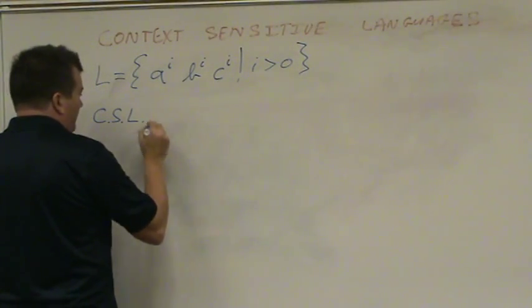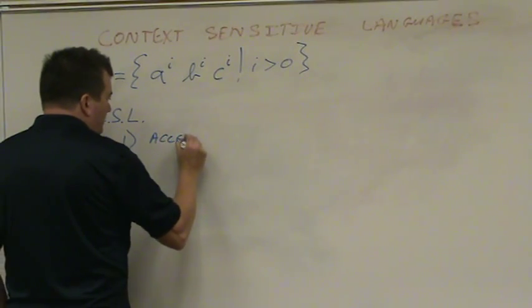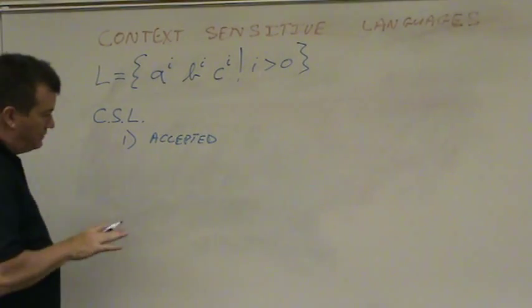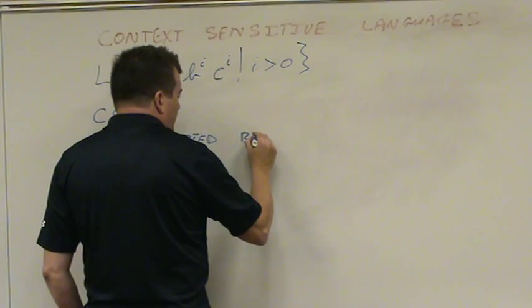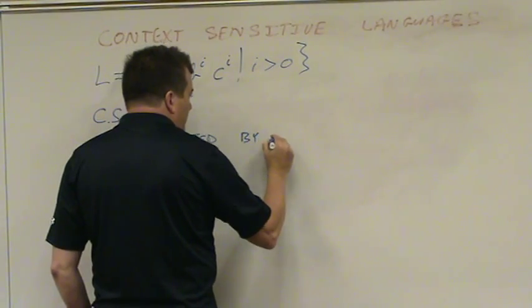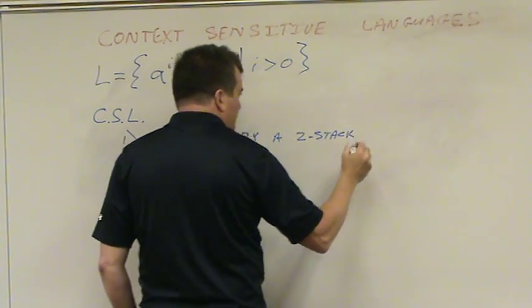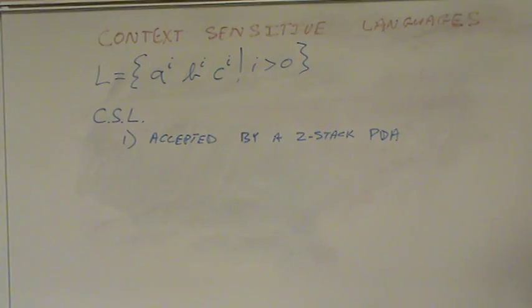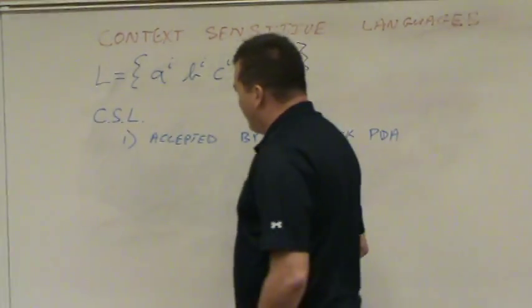A couple ways to describe them. One, accepted, meaning we'll always answer yes if you give a word that's in it. Accepted by a 2-stack push-down automata. With 2 stacks, the push-down automata will accept it.